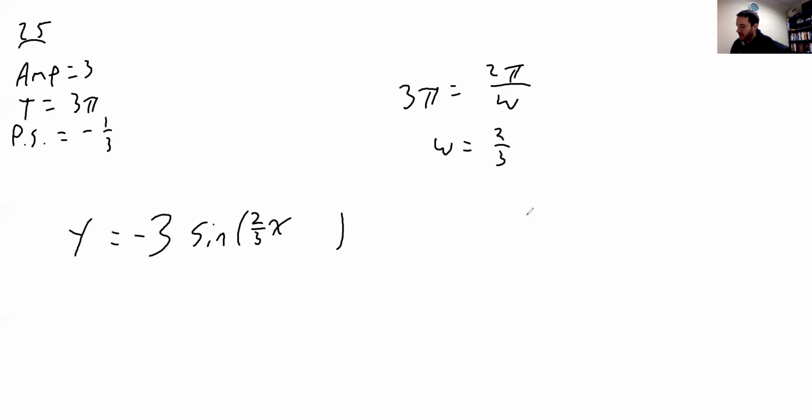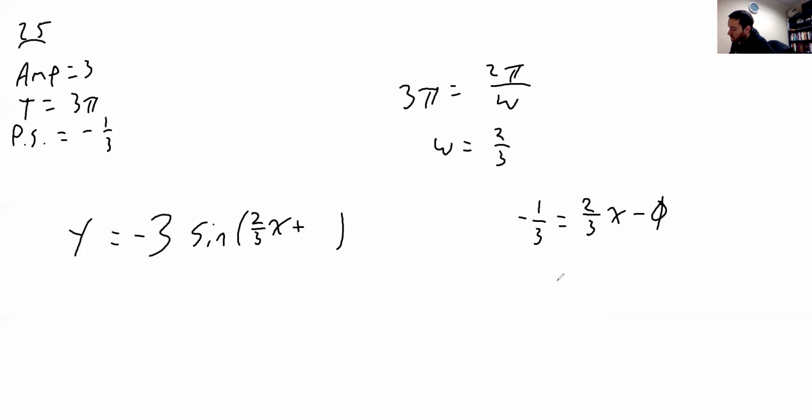And then remember your phase shift is the value that's going to make your argument 0. Your argument is omega x minus phi. We don't know what phi is. We know the phase shift's negative 1/3, so that means phi is going to actually be plus, right? But if we solve this, we'll just figure out what phi is.